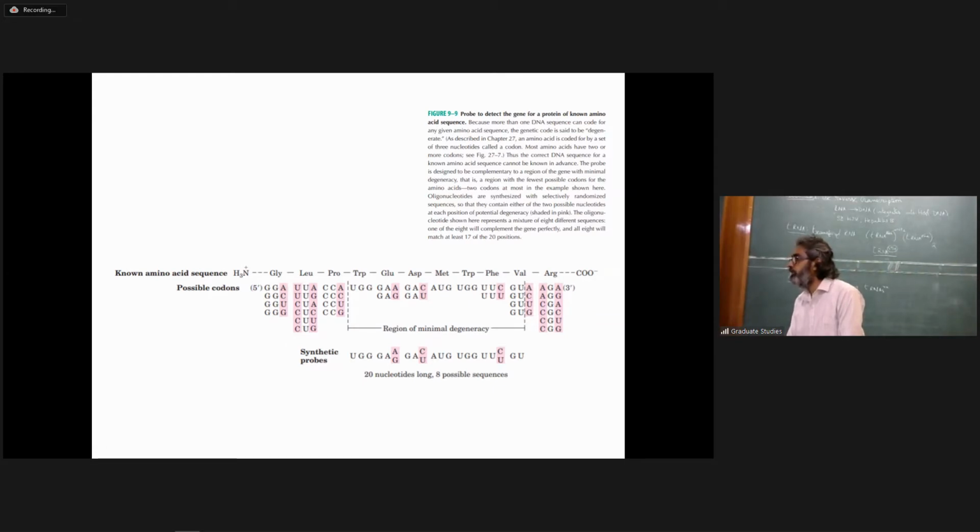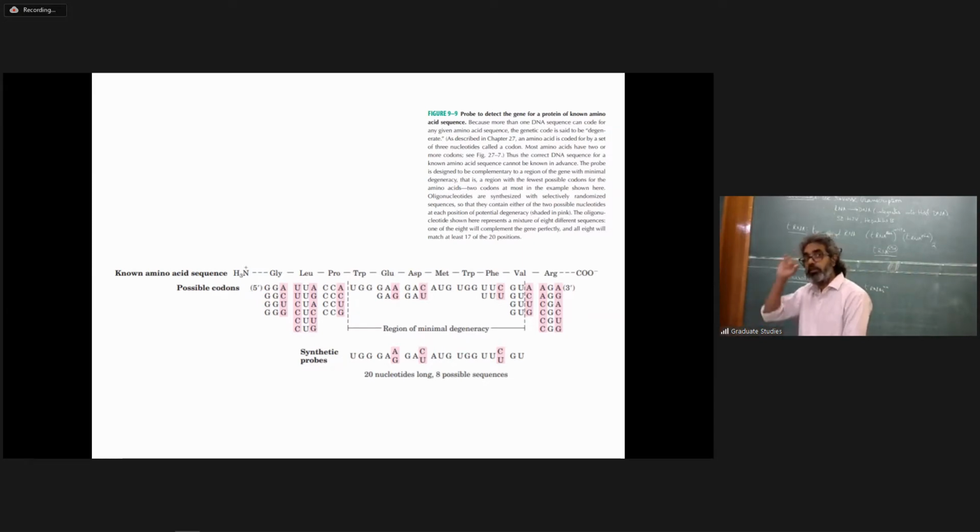Glutamic acid has 2, aspartic acid has 2, phenylalanine 2. So there are 8 possible sequences to code that peptide. If I ask you for a possible mRNA template, you can come up with 8 possible templates, and any of those 8 would give you exactly the same sequence.